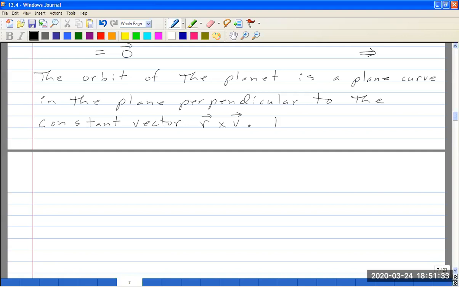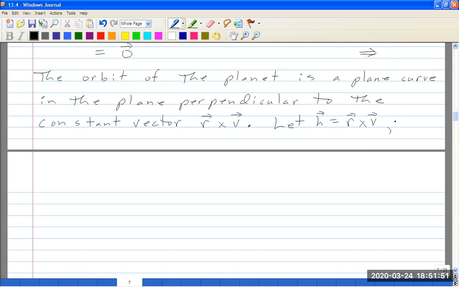So let's do some notation. Let h be r cross v. And in this case, this will be a constant vector.